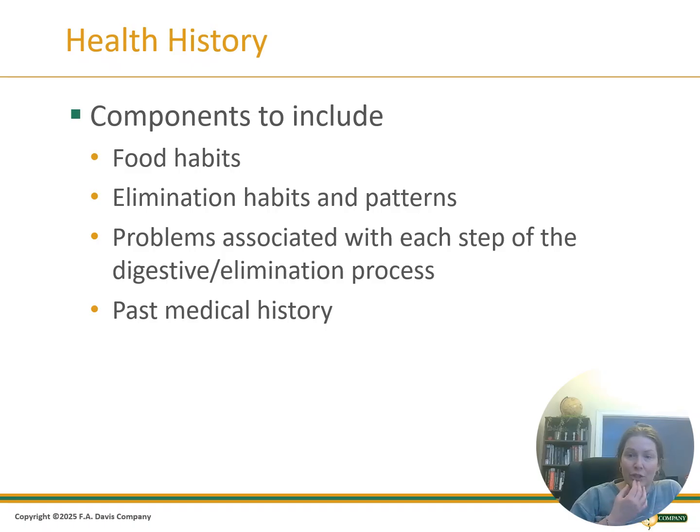Are they having any issues, like dental issues, that are causing trouble for them? We want to address any feeding difficulties. Their elimination habits and patterns should also be assessed. So we want to ask about stool frequency, the consistency of their stool, and if they've had any changes from their baseline.